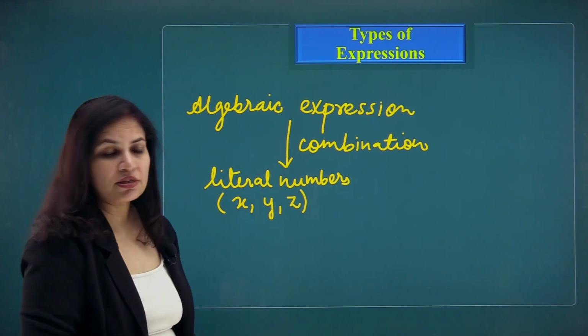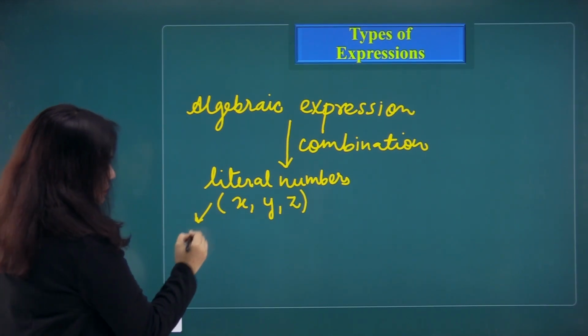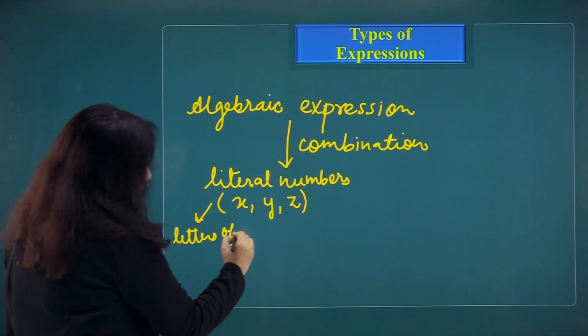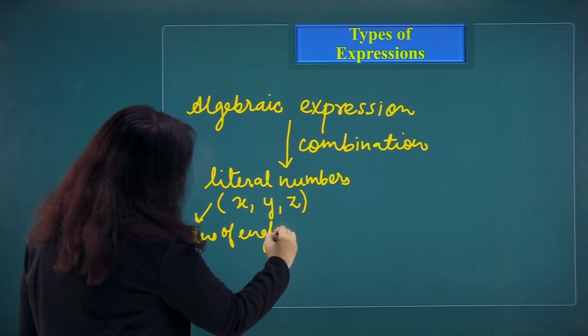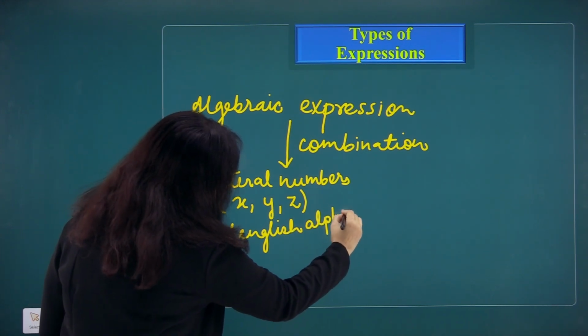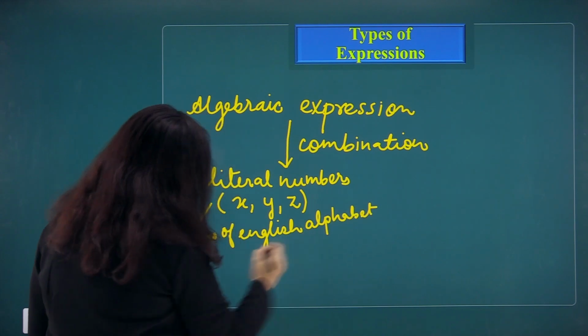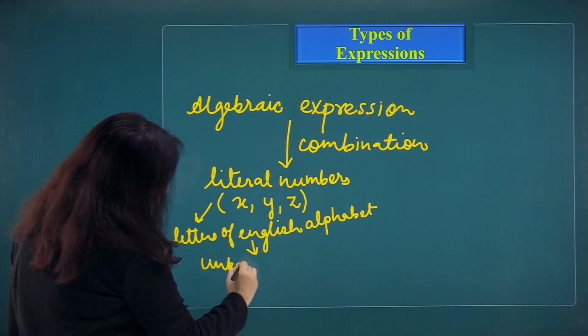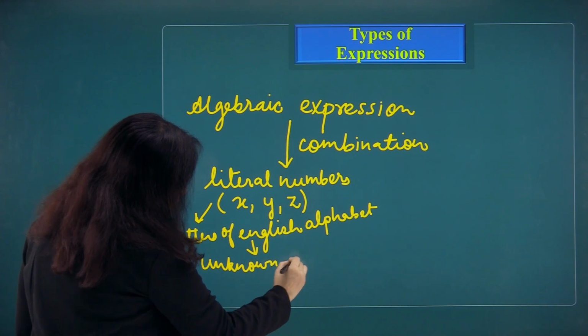So literal numbers are nothing but letters of the English alphabet, and they denote unknown quantities.